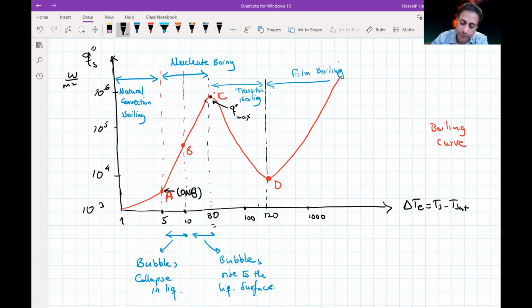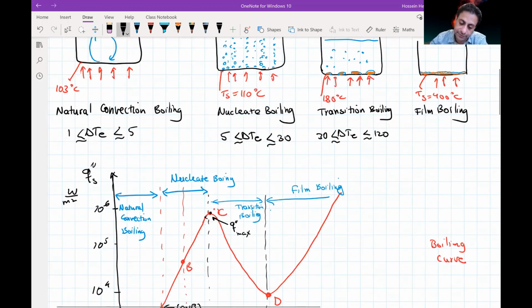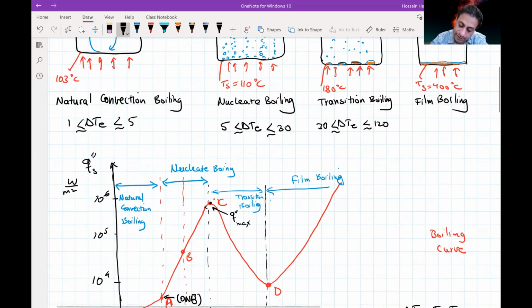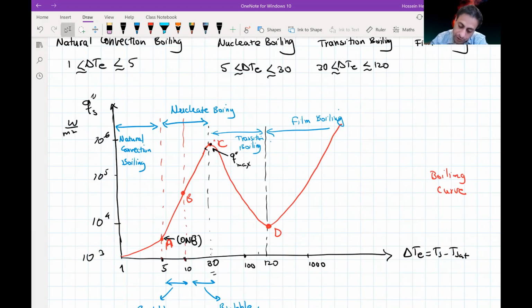Beyond this maximum flux, we have another zone where heat cannot be transferred to the liquid because part of the surface is now covered by vapor blankets or vapor pockets.